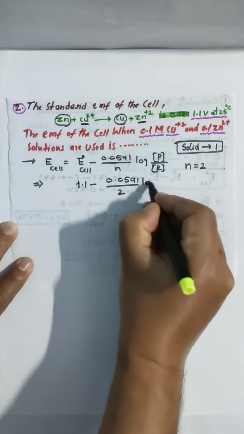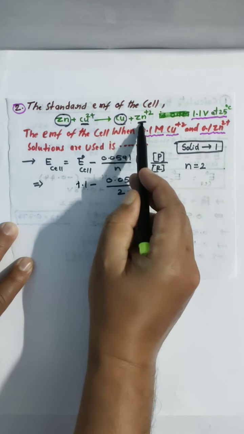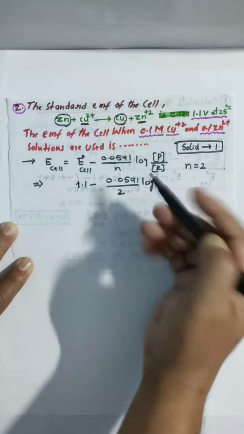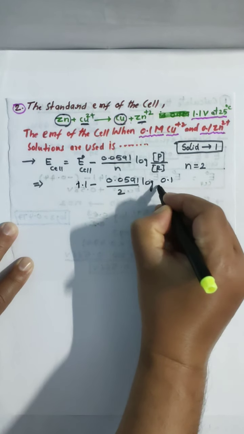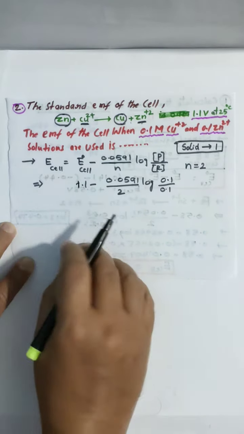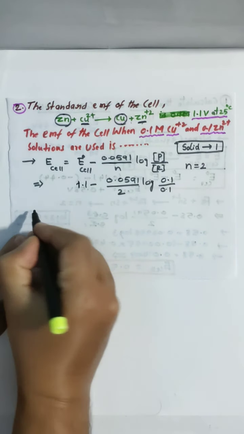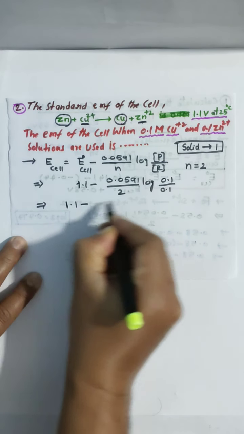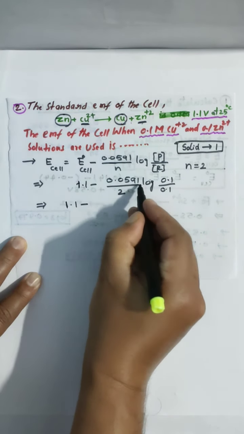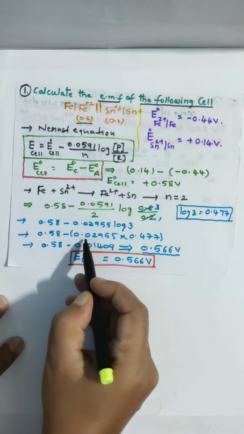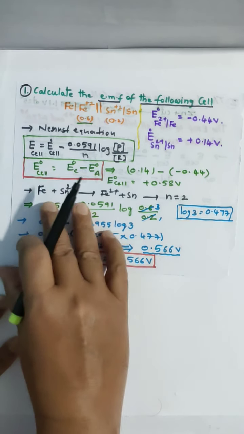And log of product concentration. Which is the product? Zinc 2 plus. Zinc 2 plus concentration, how much is given? 0.1. So 0.1 upon copper 2 plus 0.1. So both have the same concentration. So that implies 1.1 minus 0.0591 by 2. In the last problem we already calculated the value. How much is that? 0.02955.